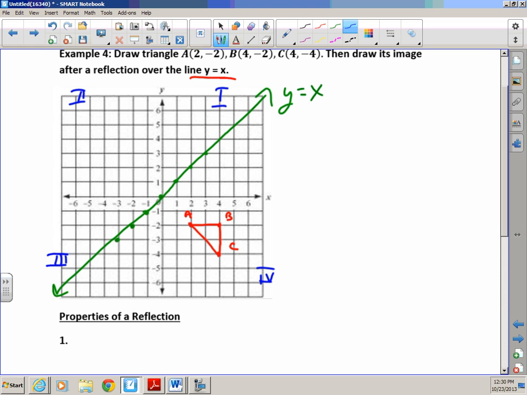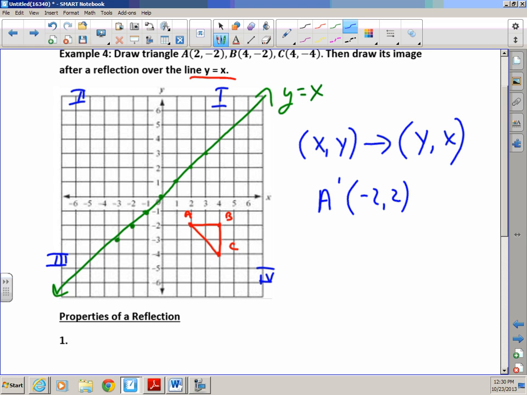Now, it's a very simple formula when you do a flip over or reflection in the line y equals x. What's going to happen is I am going to reverse all my coordinates. So A prime becomes (-2, 2). B prime becomes (-2, 4). And C prime becomes (-4, 4).